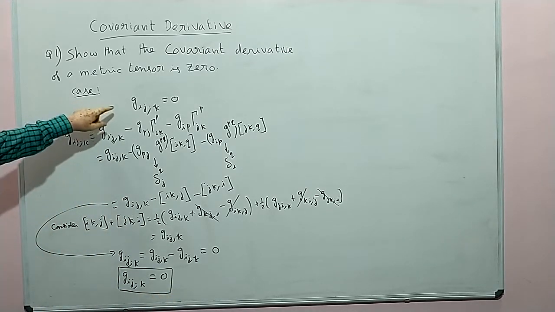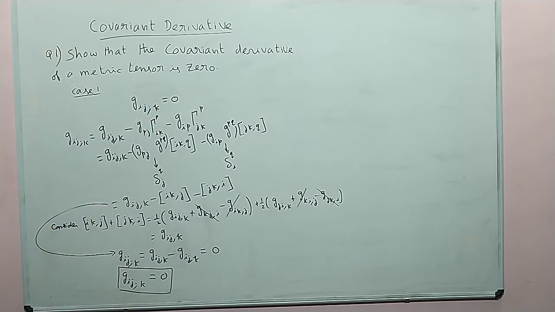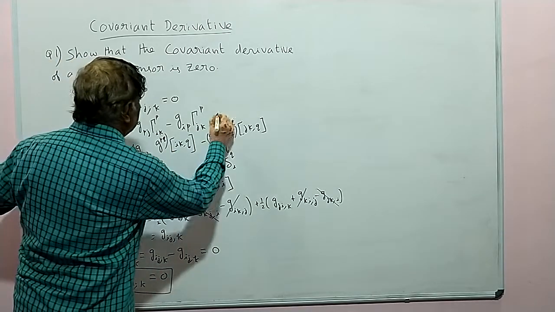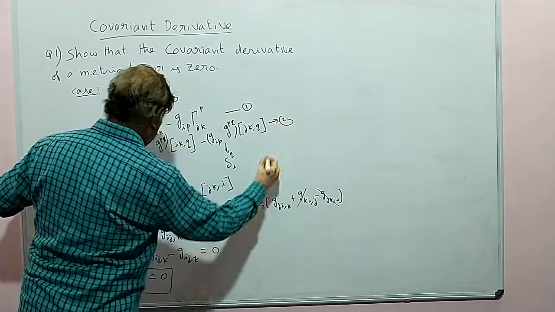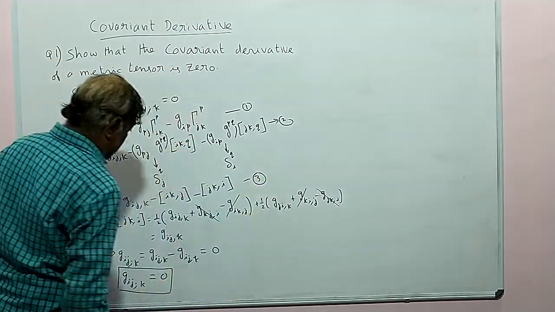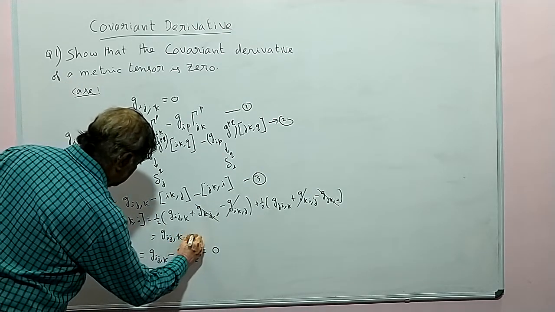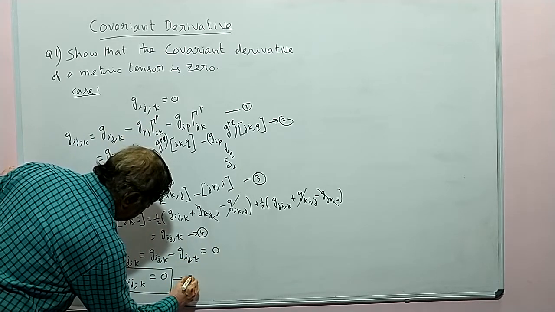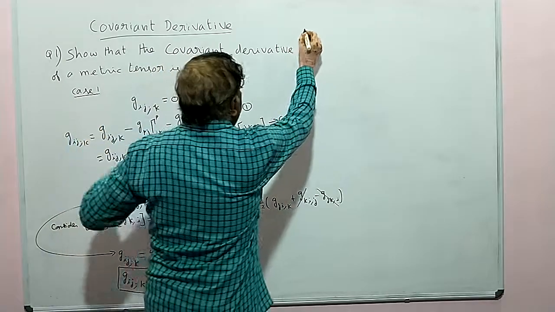According to the case, we are finding the covariant derivative of the covariant metric tensor, using the definition. So this is equation 1, equation 2, equation 3, equation 4, and this is equation 5. Case 2.